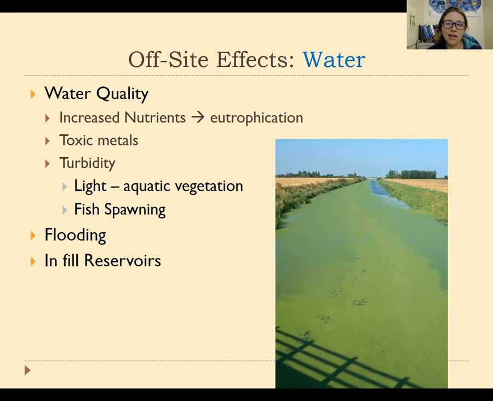Other things that can get washed into the soil are like toxic metals. And then also, even if we didn't have any of this algae bloom or any of things that were themselves necessarily toxic, just all this extra sediment can get into the water and make it very turbid, or we refer to turbidity as just like cloudiness in the water. And that cloudiness in the water from all the loose sediment can be problematic for aquatic vegetation.